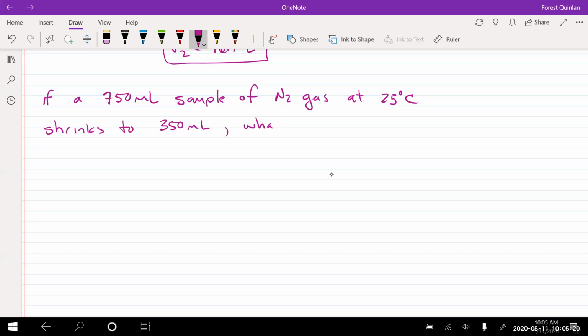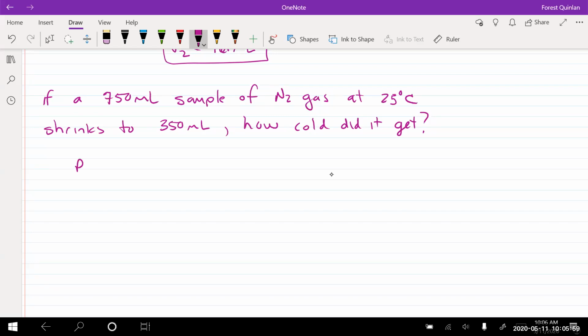How cold did it get? Once again, volume down, temp down. Yeah, it should get colder. Now, I kind of telegraphed it when I said cold, but I didn't want to say, what temperature did this, like your book will do.